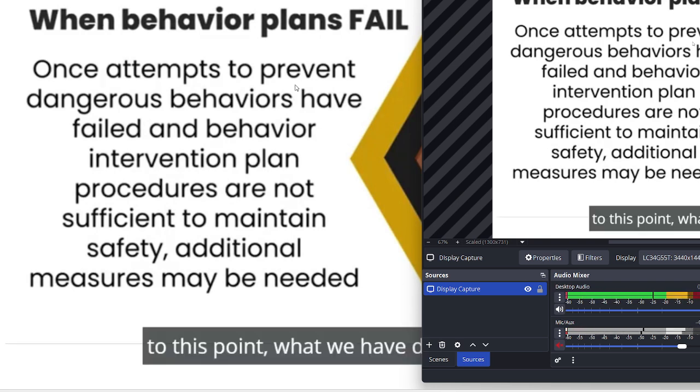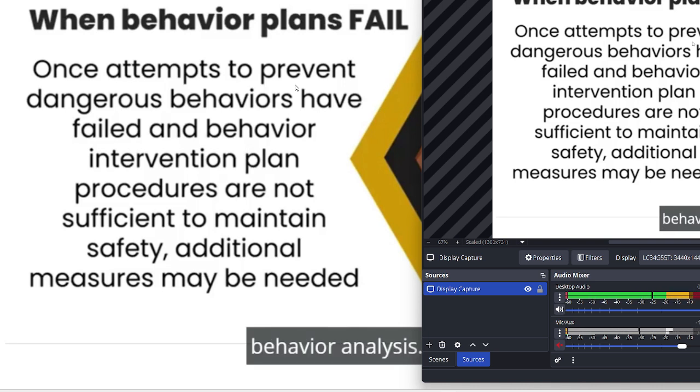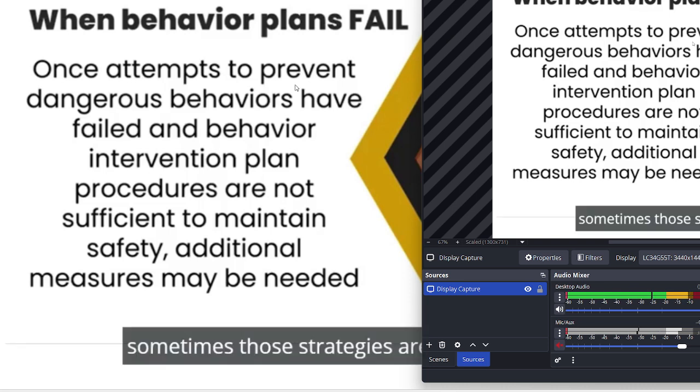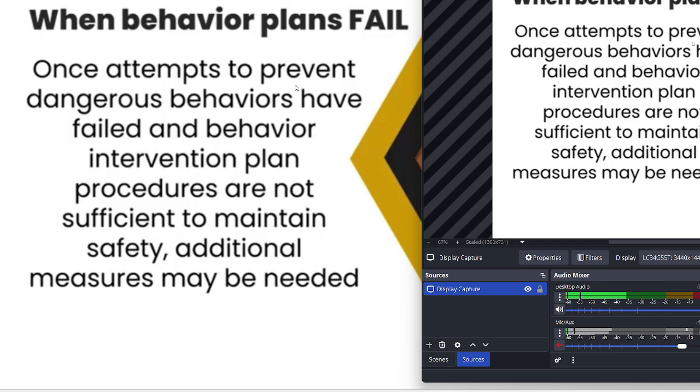Up to this point, what we have discussed is behavior consultation services that are standard and fall in alignment with best practices for the practice of applied behavior analysis. However, sometimes those strategies are not enough to prevent the occurrence of dangerous behavior.